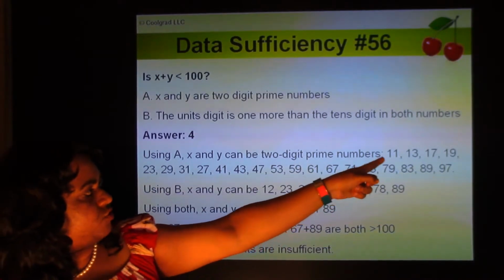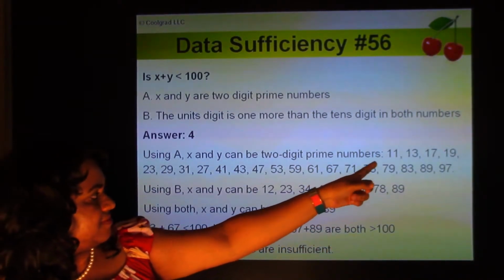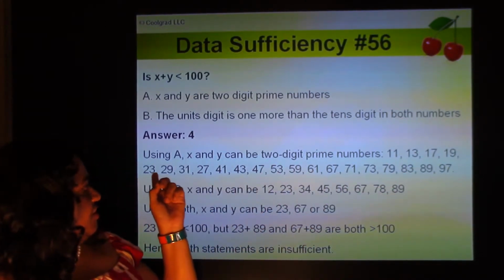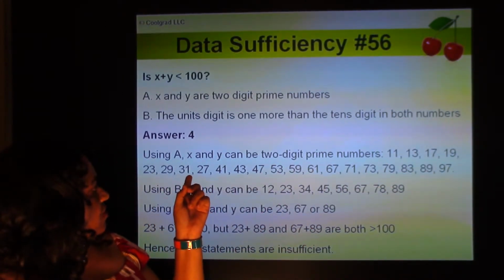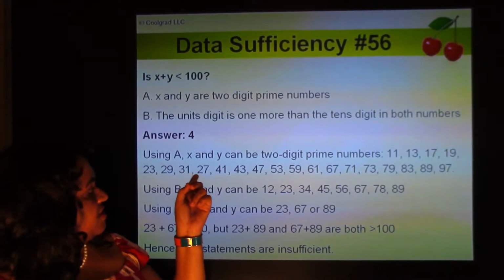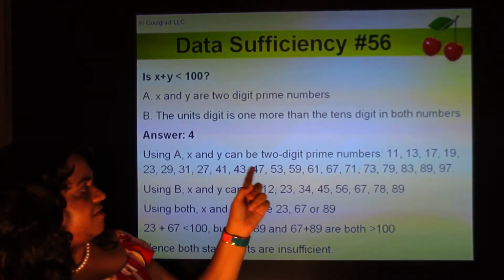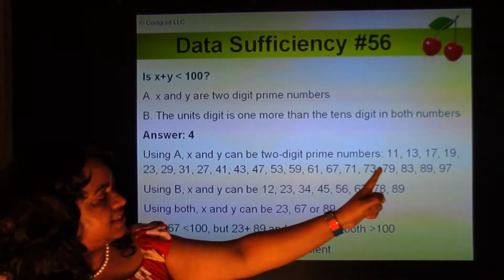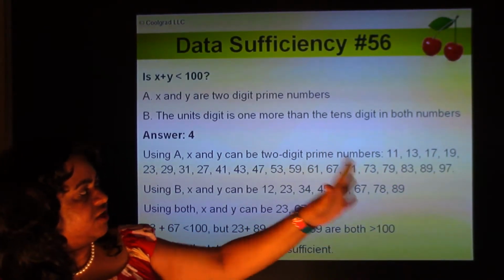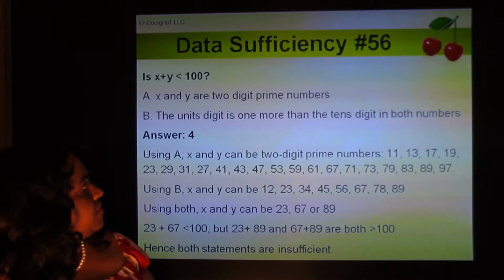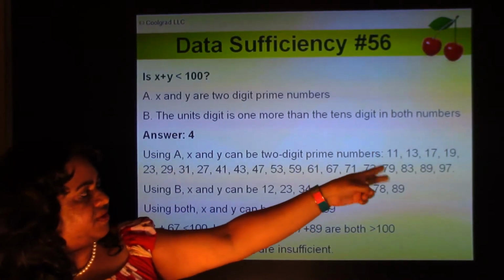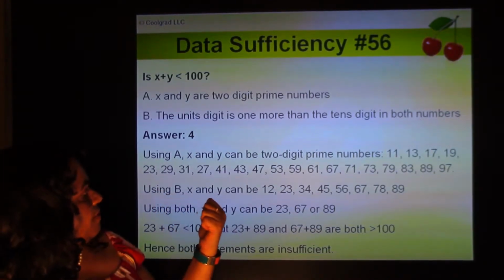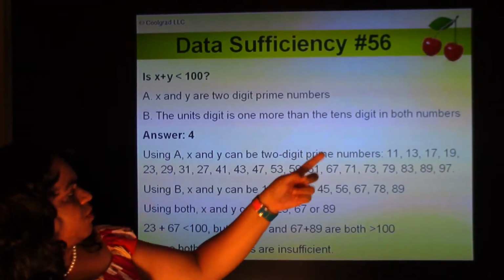So what are all the 2-digit prime numbers? 11, 13, 17, 19, 23, 29, 31, 37, 41, 43, 47, 53, 59, 61, 67, 71, 73, 79, 83, 89, 97. These are all the 2-digit prime numbers. So x and y are 2 numbers from this set. Using statement B, x and y can be numbers where the units digit is 1 more than the tens digit.